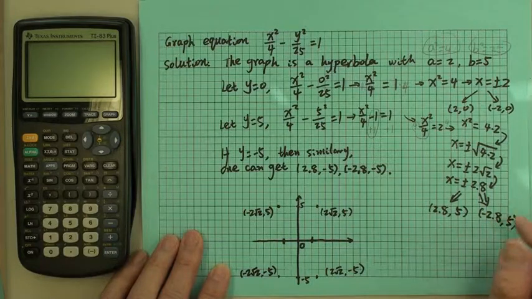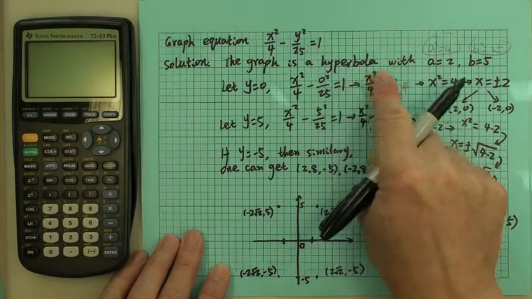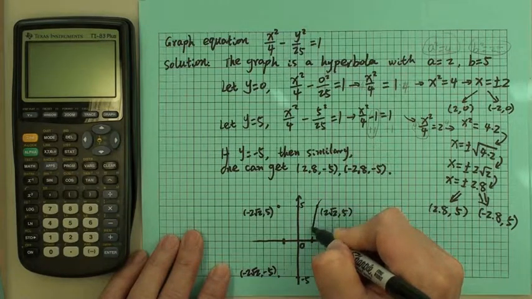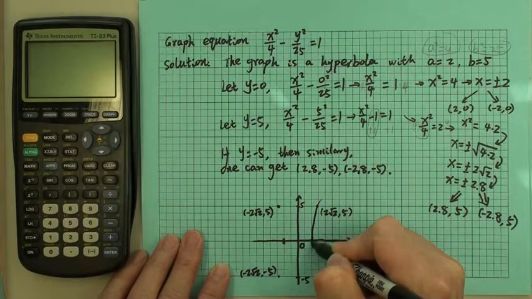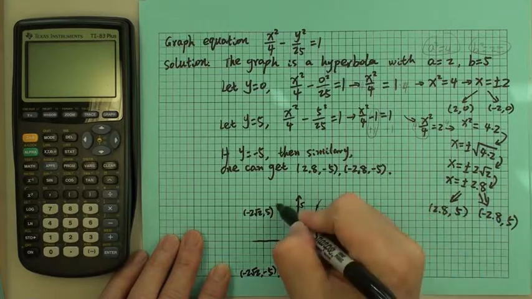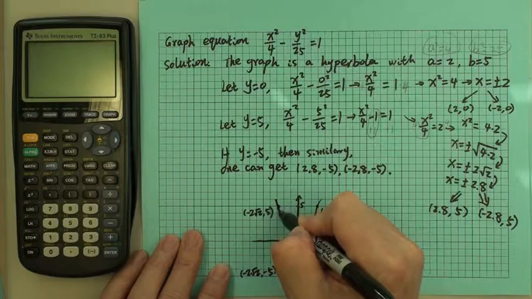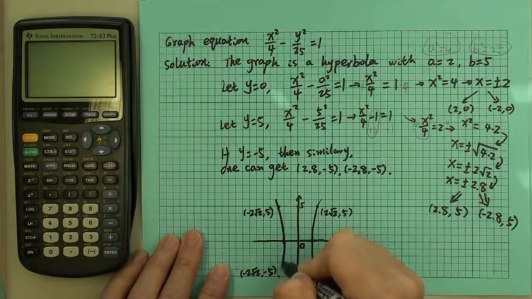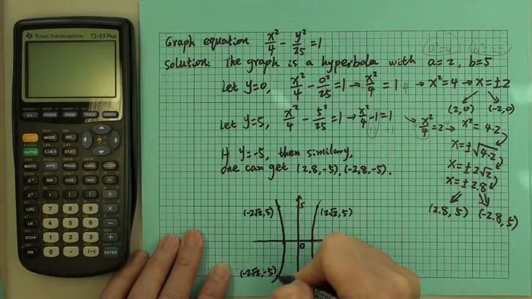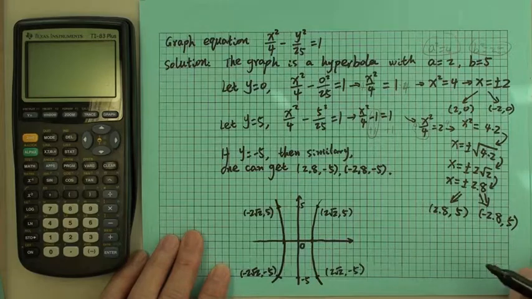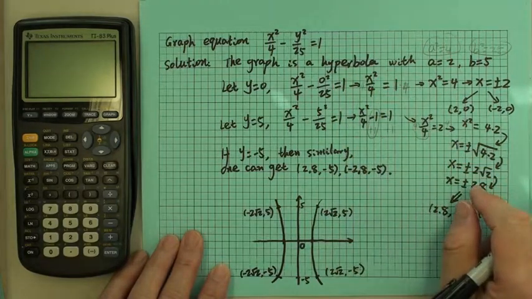So you know it's a hyperbola, right? A hyperbola looks like that. One branch is like this. Another branch will be like this. So this will be the graph for the hyperbola.